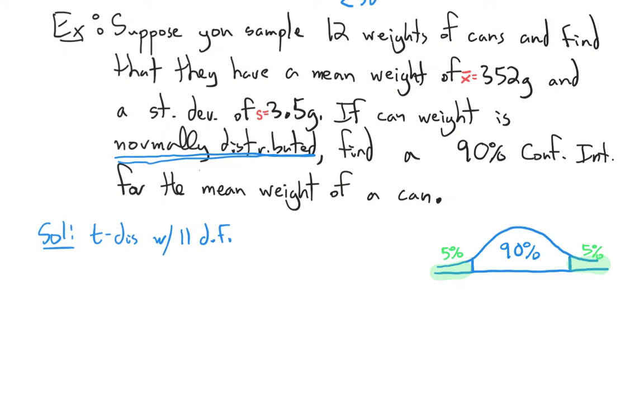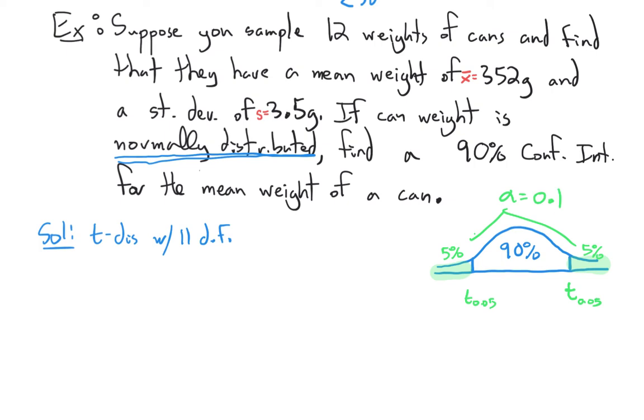So we're looking for, in our notation, I used z before because we were talking about a normal distribution, but I'm going to use t since we're dealing with the t distribution. We're looking for t of 0.05. And our alpha is 10%, or 0.1.